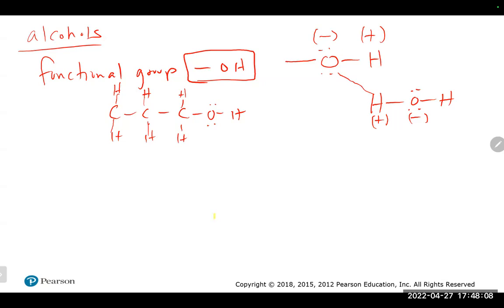But usually with up to about 6 or fewer carbons, you have good solubility in water because of that OH group. Also, there are some alcohols that have multiple OH groups, and having multiple OH groups is also going to increase the solubility, because it gives water different places to interact with it.